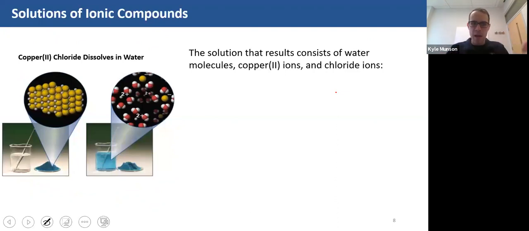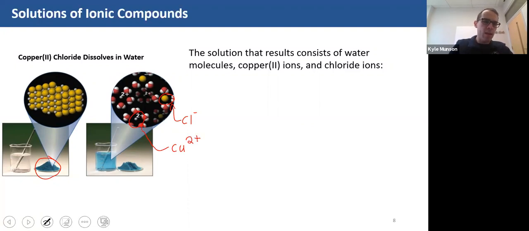Here we have copper 2 chloride, which we saw in the last video, dissolving in water. So again, it has this really cool blue color. You put it in water and it completely dissolves. And what we're left with is chloride ions, and these are copper 2 ions.